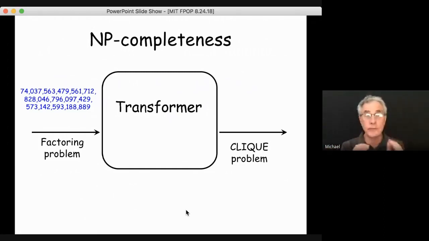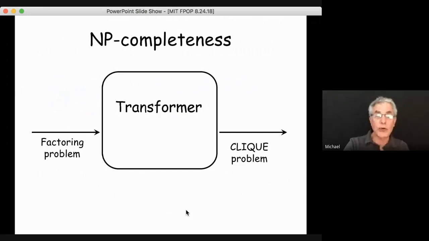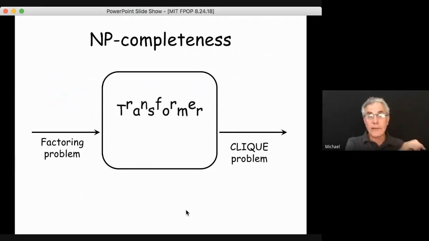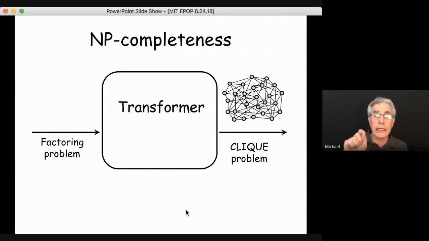And that's because of this notion of a transformer, that there are ways of converting factoring problems into clique problems, so that if you can solve the clique problem quickly, that allows you to solve the factoring problem quickly. As shown pictorially here, you feed the problem you want to factor into this transformer, and it produces a clique problem which represents that factoring problem, so that if you find the clique, that will give you the factors.